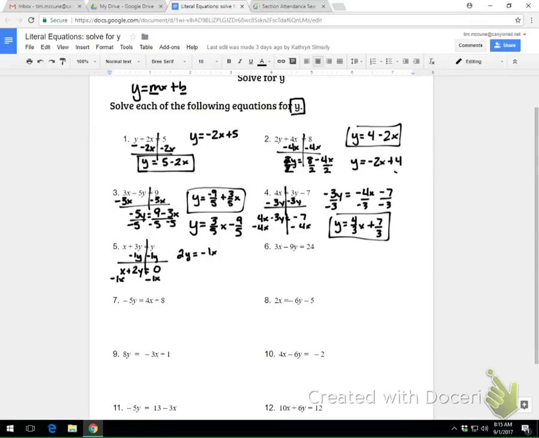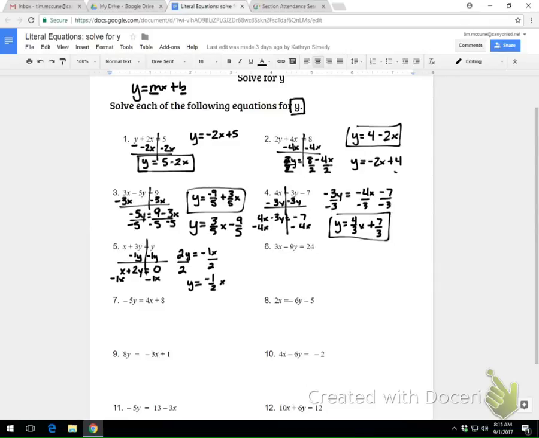Now, do I need to put plus 0 on the end? No. So now what? Divide by 2. So you get y equals negative 1/2 x. That's it. That's all to it. Get your y on the left. Get everything else on the right.